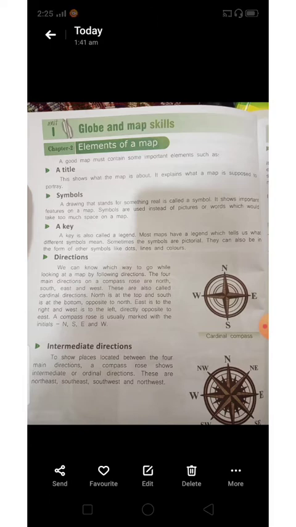First of all, you have to tally the previous questions and answers. Then for this lecture you have a question: Describe each element of the map in detail. So you have 5 elements over there, and you can explain these elements in your copy.